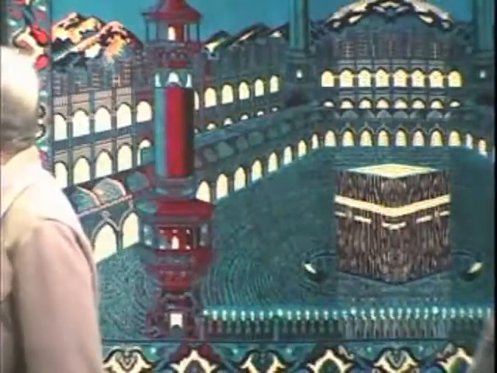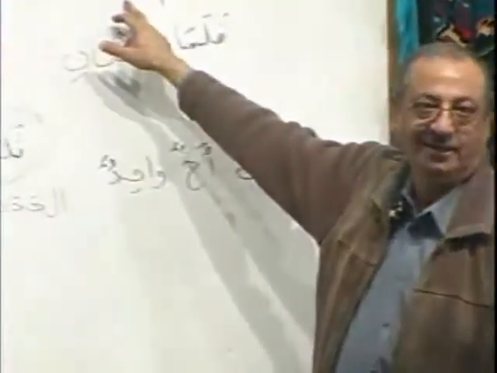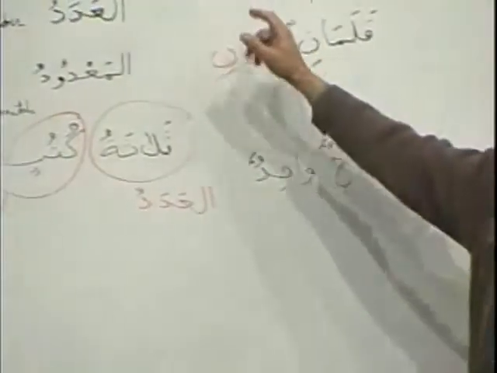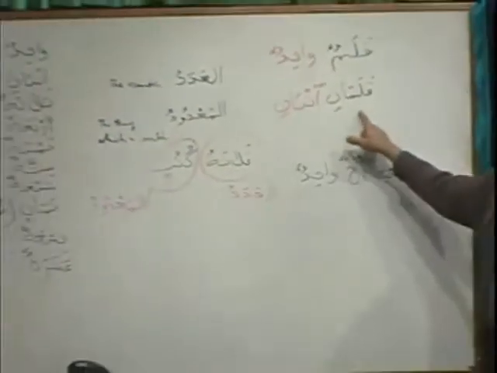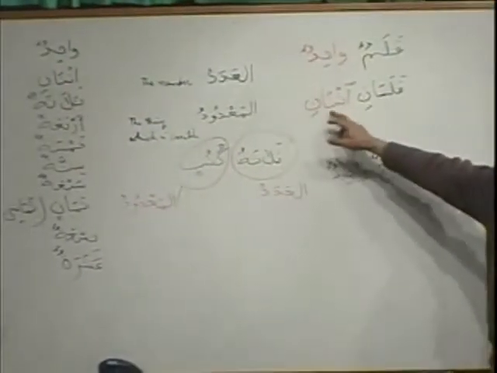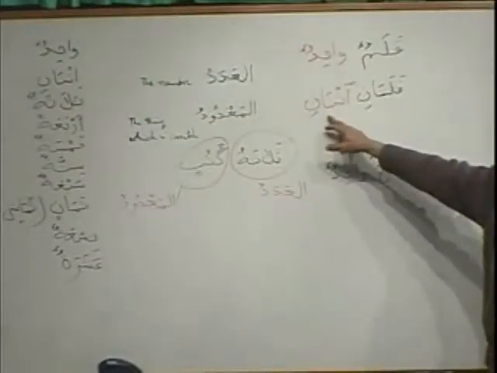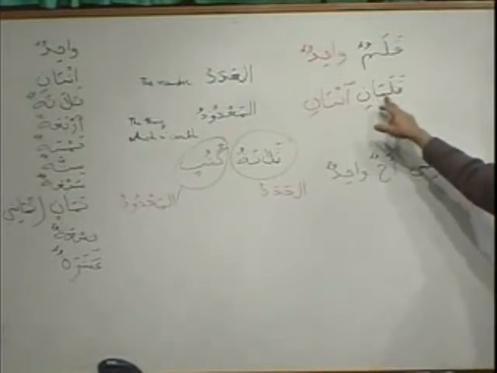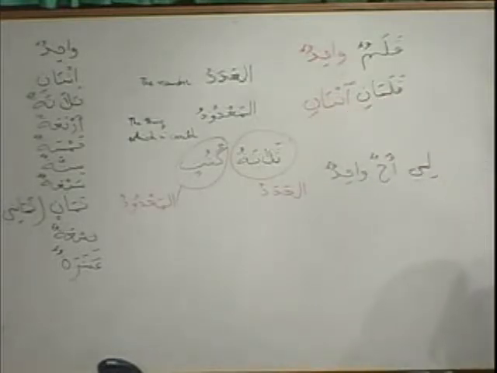Number 1, naat man'ut. Sahi? Number 2, naat man'ut. Number is naat and this is man'ut. Sahi? When I come to 3, it's no longer naat man'ut, but it is mudaf ilayhi.